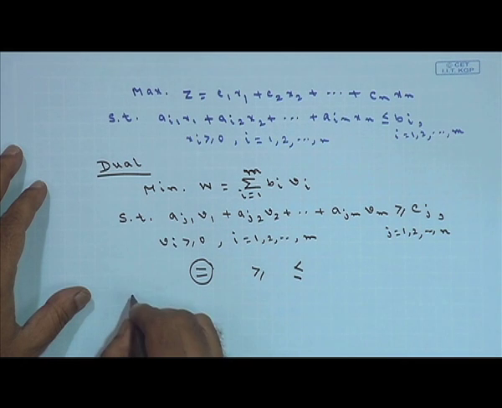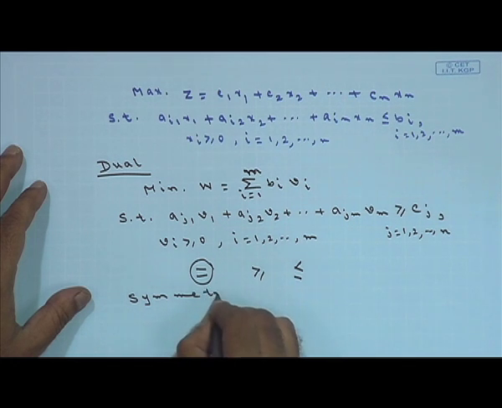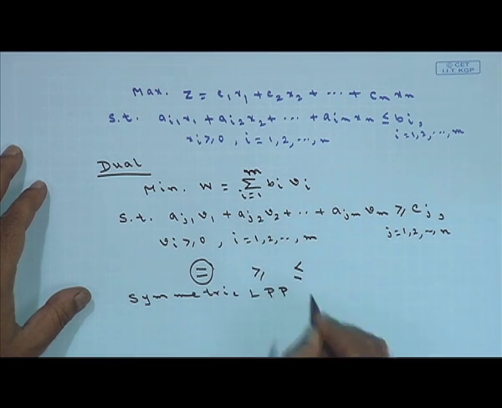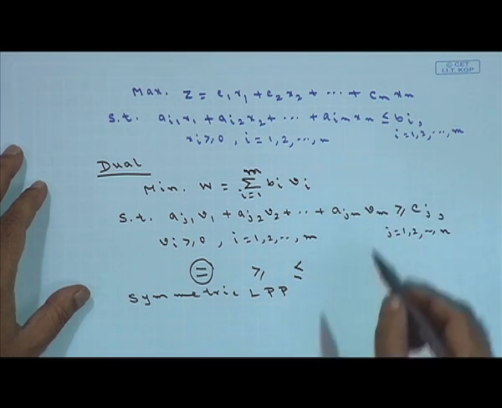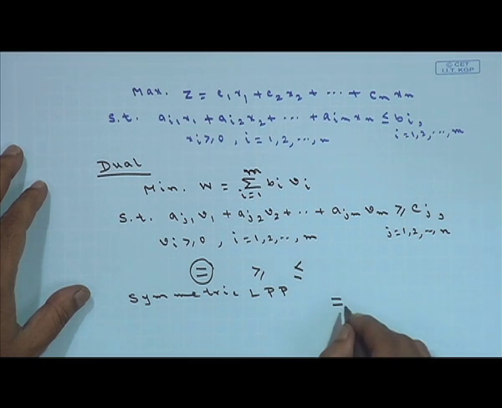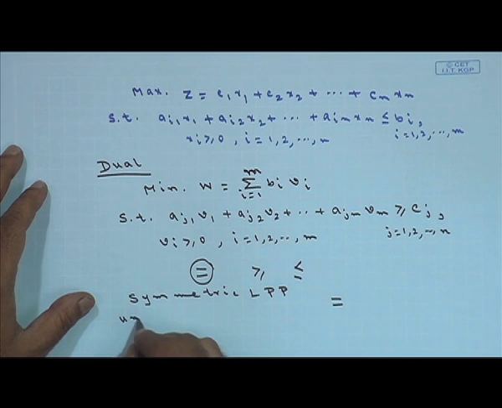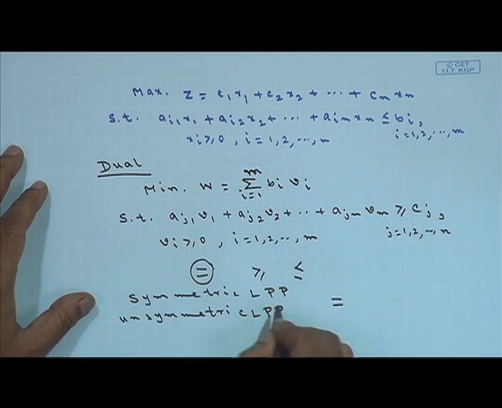Please note that primal and dual problems consisting of constraints with inequalities are called symmetric LPP, whereas if the primal LPP has only equality type constraints, then we call it unsymmetric LPP.